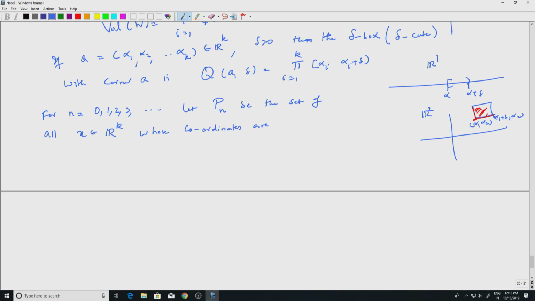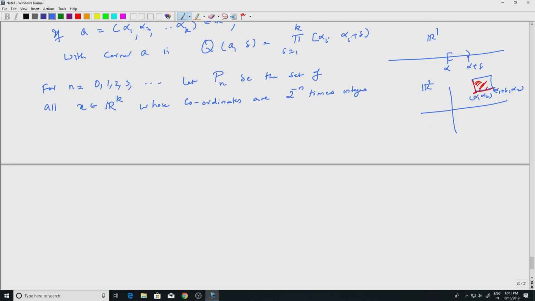I am fixing an n for P_n. P_n is the set of all points whose coordinates are 2 to the minus n times integers. Let us try to understand this a bit more clearly. When n equal to 0, 2 to the minus n is 1. So, P_0 is all those points x in Rk such that x_1, x_2, etc., x_k are all integers.